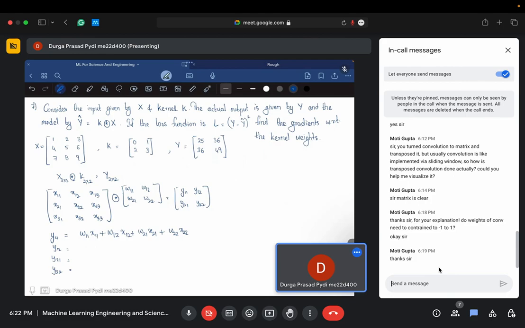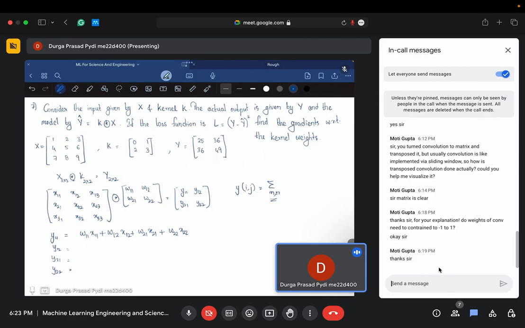Or if you are comfortable with the original notation that I have introduced before, you can write yij as essentially a summation over m comma n. So this essentially is 2 summations you have to do along rows and columns.